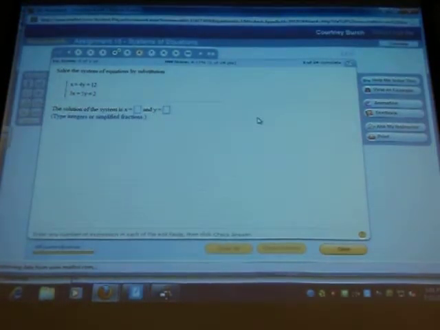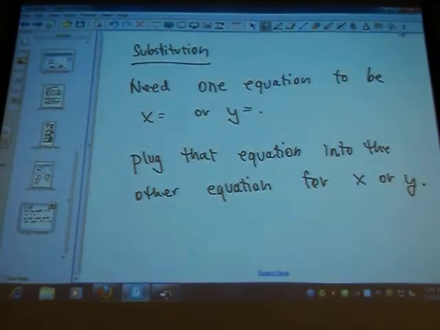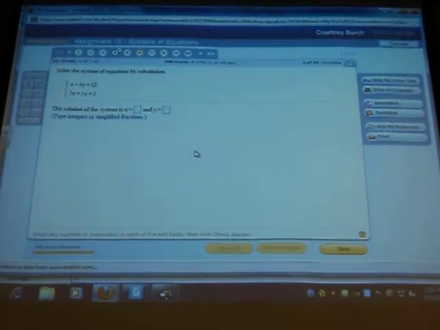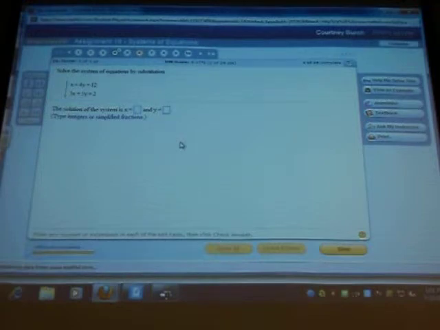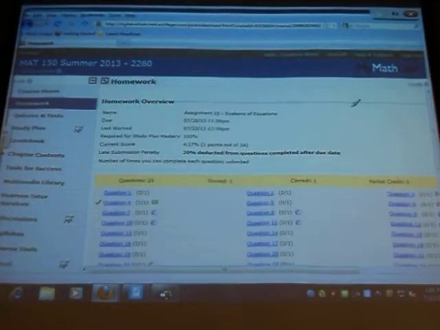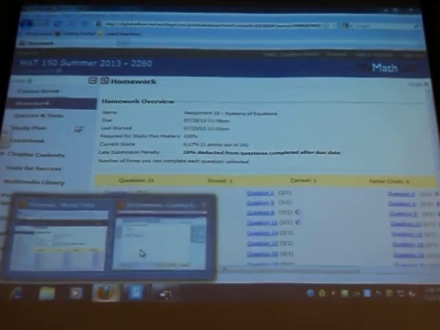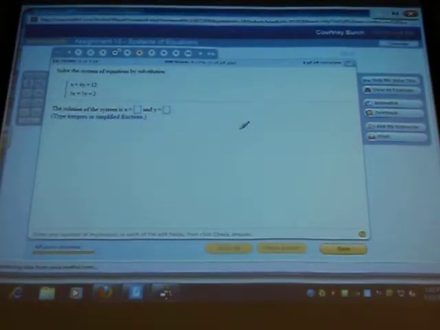On number 6, they give me x equals 4y plus 12.